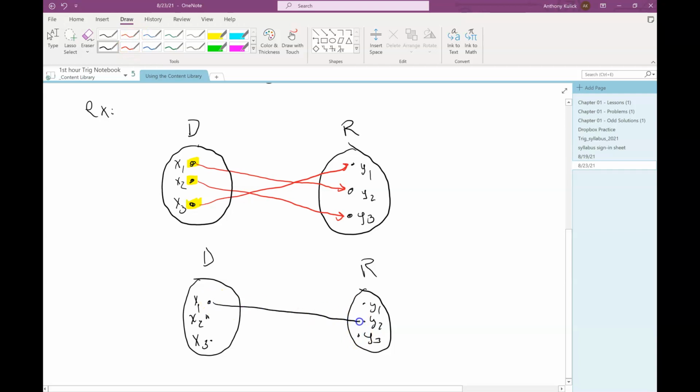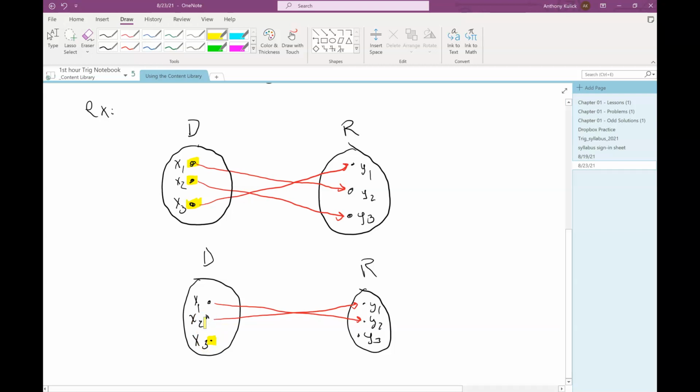And let's say that we have this. Is this a function? No. What's the problem? Yeah, not all the domains are being used. Perfect.